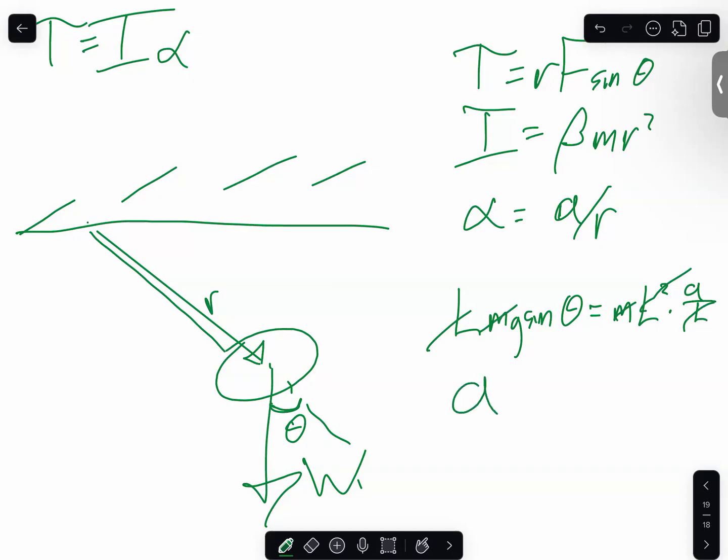The acceleration in the direction parallel to the motion, the direction along the angle, the direction of the rotation, is g sine theta.